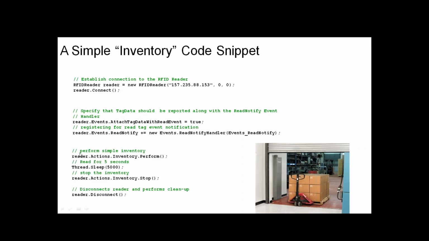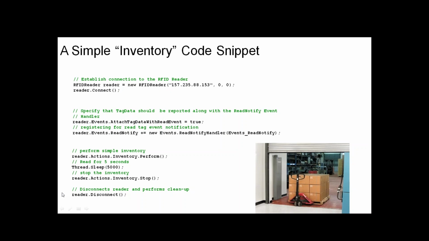And then after that, just do a simple inventory read. In here, you'll see that I start performing the read for the tags, and read the tags for 5 seconds. Just after the 5 seconds, stop reading. And once I'm done reading, disconnect the reader and close out my application. So the point here is that in literally 7 lines of code, you can embed RFID reading capability in your application.